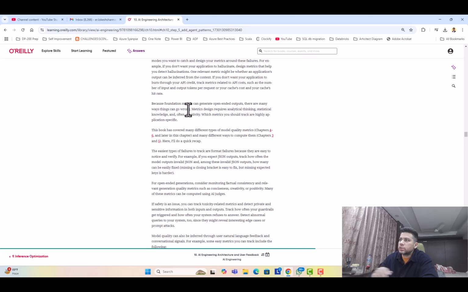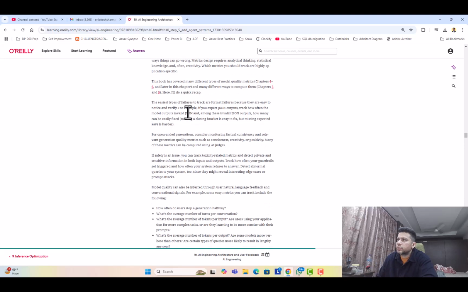Because foundation models can generate open-ended outputs, there are many ways things can go wrong, so metrics design requires analytical thinking. Okay, this book has covered many different types of model quality metrics and many different ways to compute them. So as I said, guys, this is just one chapter of the book.